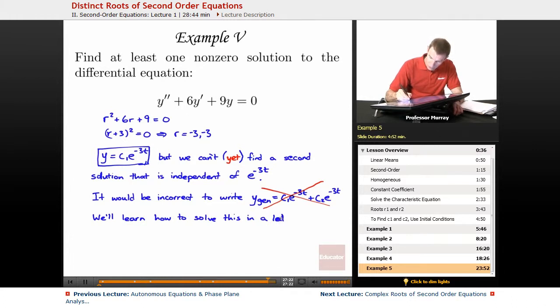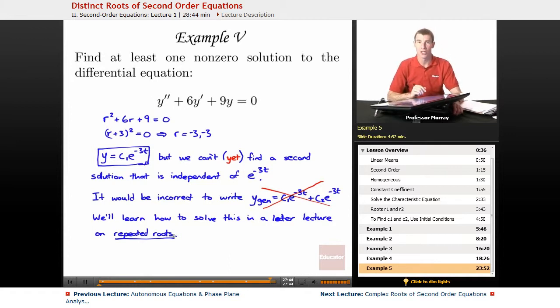So you have to peek at the lectures a couple more lectures down the line, and you'll see one called repeated roots. That's when we'll learn how to find a second independent solution to an equation when we do have repeated roots.